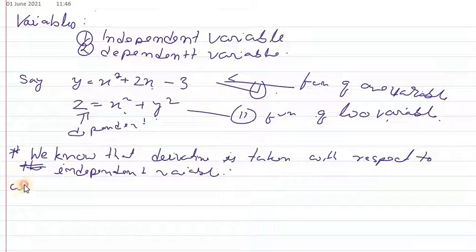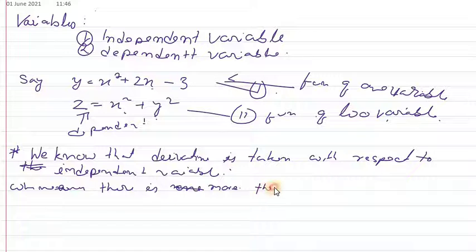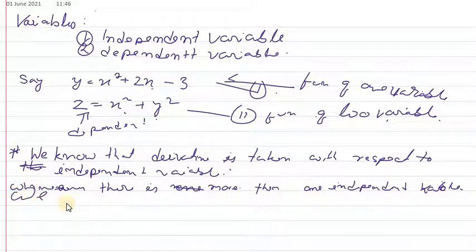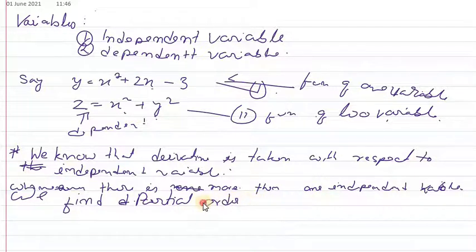Whenever there is more than one independent variable, we find the partial derivative.